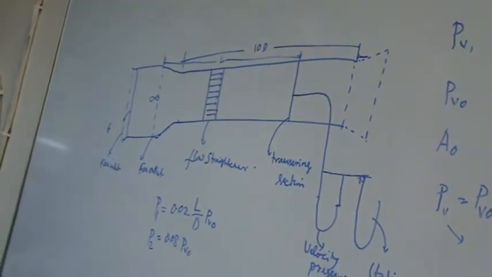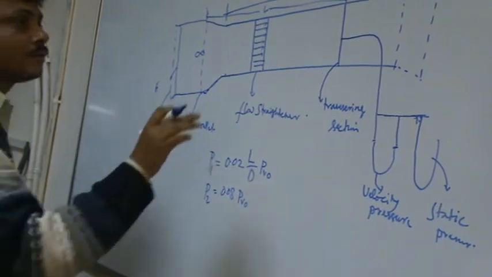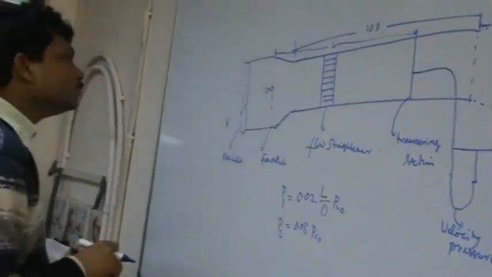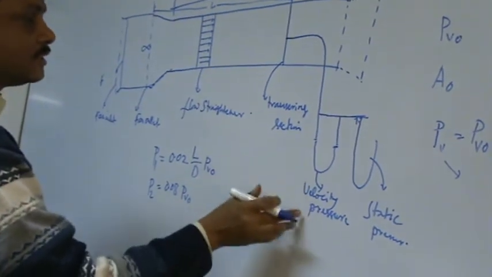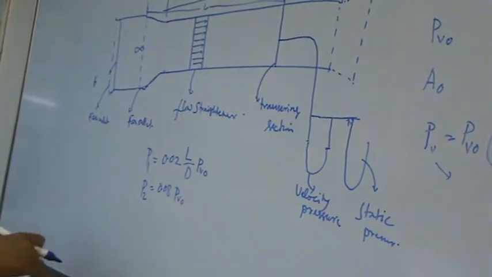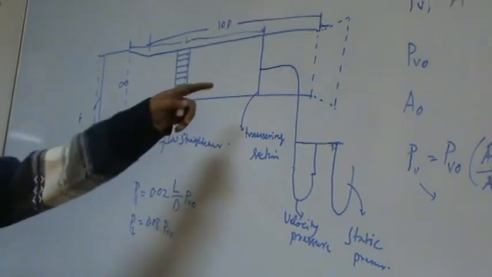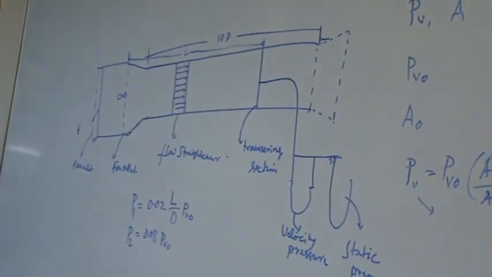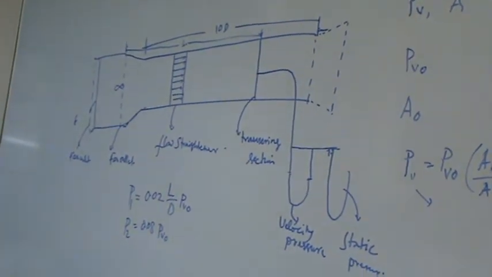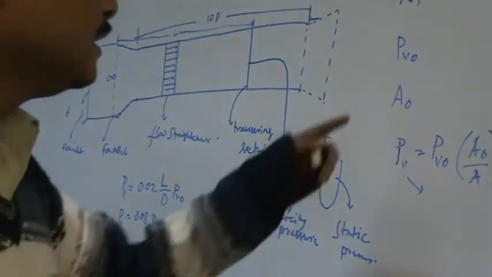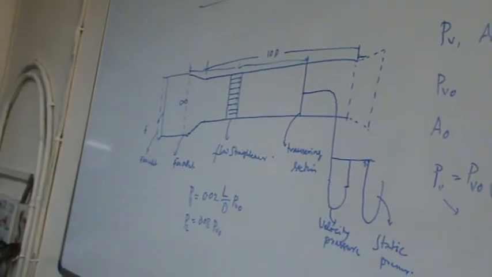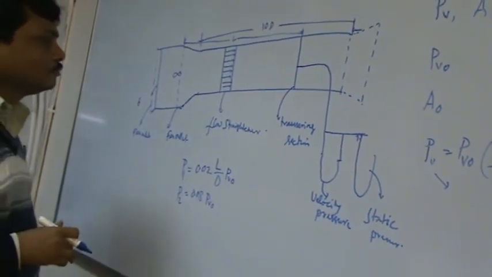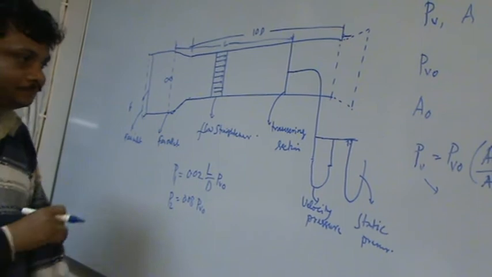Now we can also measure the quantity flowing from this velocity pressure, and we can multiply this by the area of cross-section. For this we are assuming that air density is constant, roughly taking 1.2 kg per meter cube.